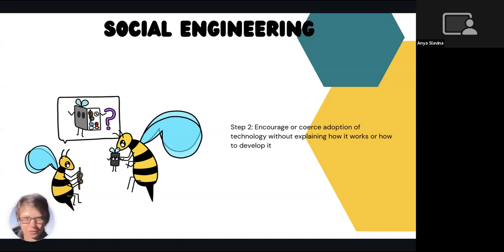So already you're creating a dependency by producing this technology, which is otherwise not reproducible by the average person, and distributing it throughout the population. When people come to rely on the technology, they pretty much just have to go to you to get the technology. They're no longer able to figure out on their own how to redo the things that they were doing.